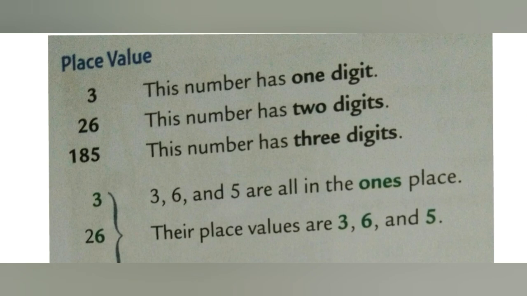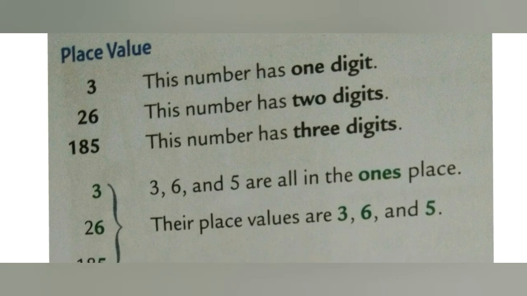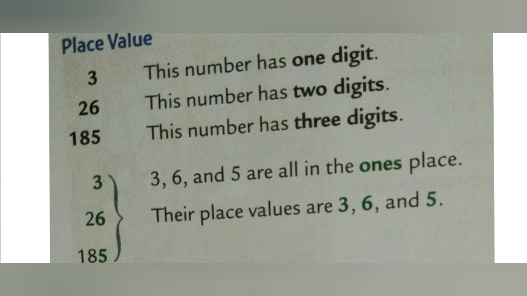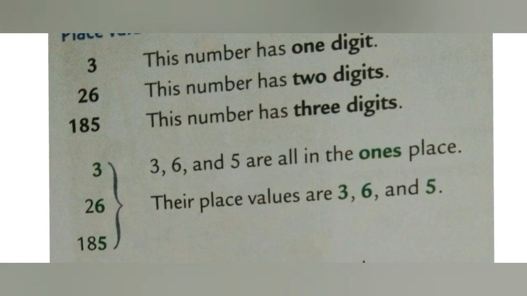Now scholars, come to page number 12. Here we will learn about place value. See the numbers given on the screen. 3, 26 and 185. 3. This number has only one digit. 26. This number has 2 digits. And 185. This number has 3 digits. So 3, 6 and 5 all are in the ones place.